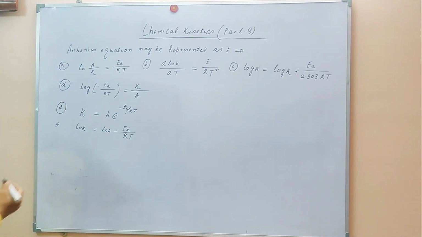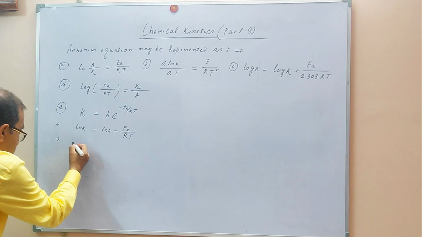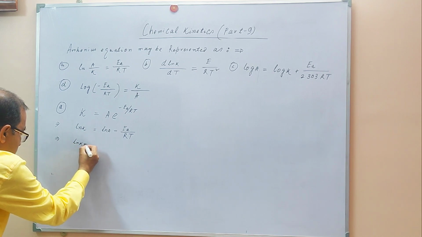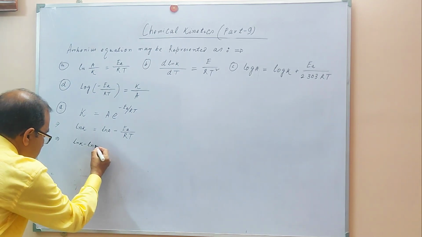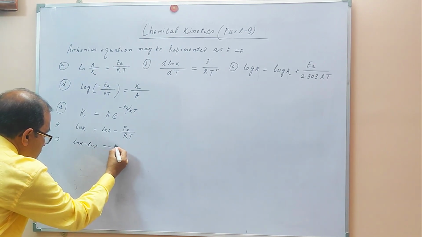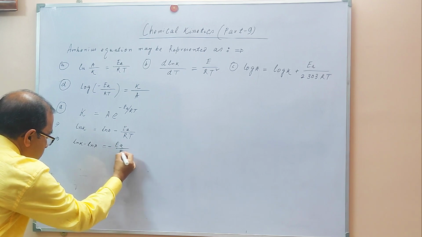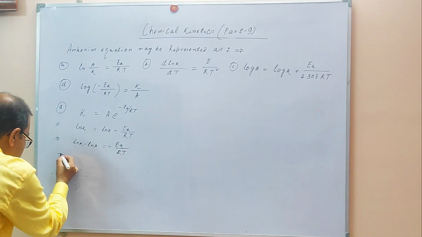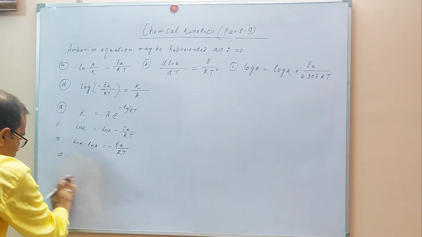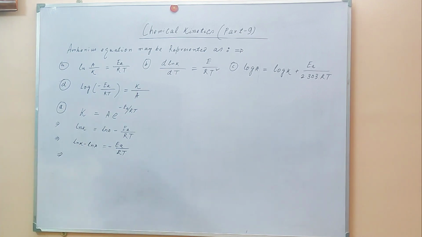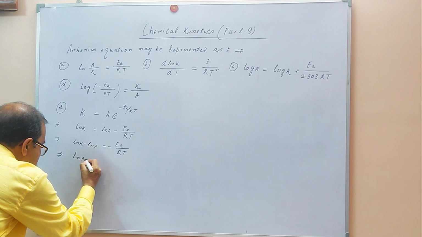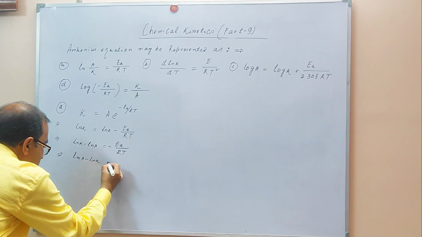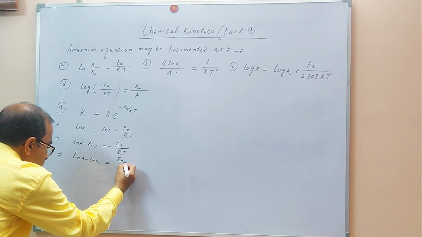So if it is this, now we can write ln K minus ln A is equal to minus EA by RT. Now, if we take this minus here, then what is going to happen? This will be ln A minus ln K, and it will be EA by RT.